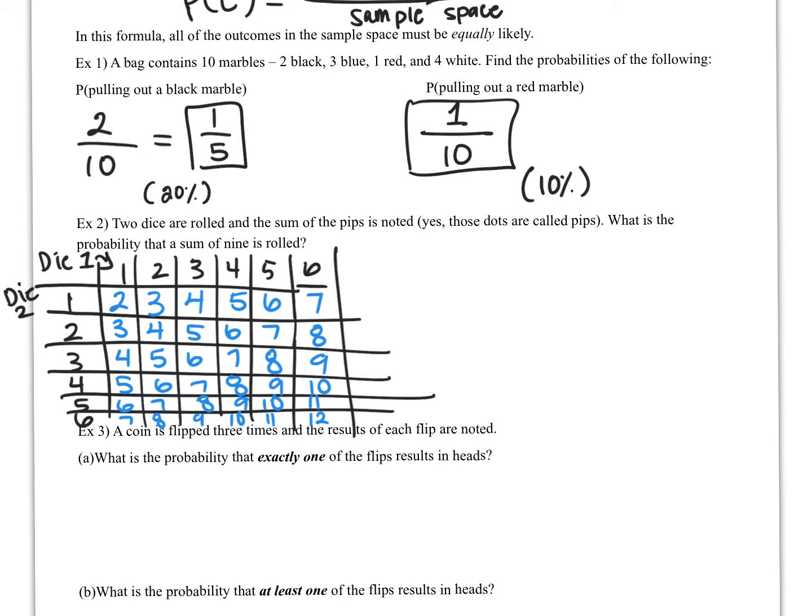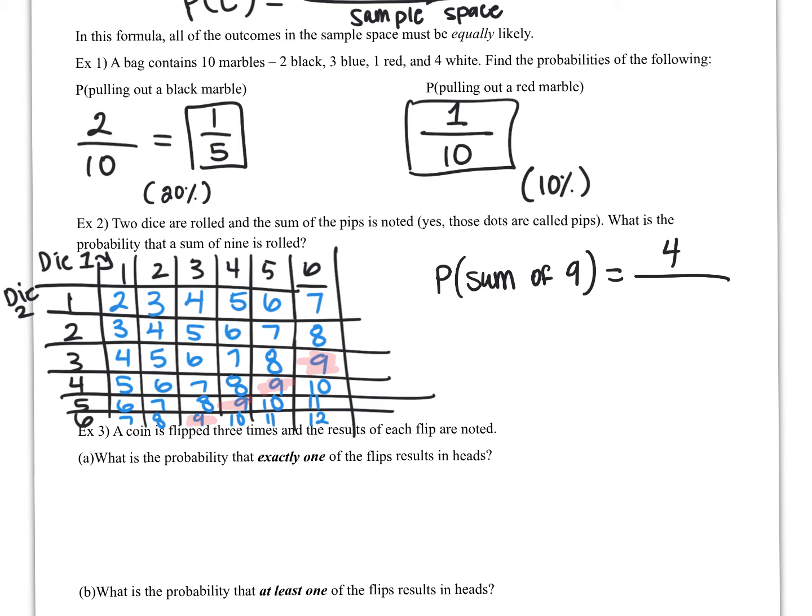So I want the probability of getting a sum of 9. I'm going to go through here and highlight all of my 9s. When I write this out, I'm going to write probability of a sum of 9 equals. Okay, so I highlighted 4 9s.